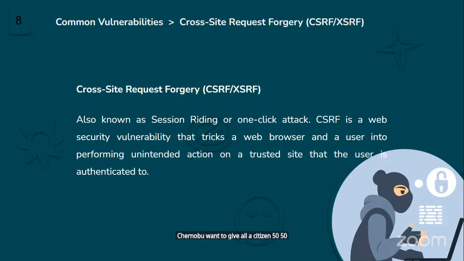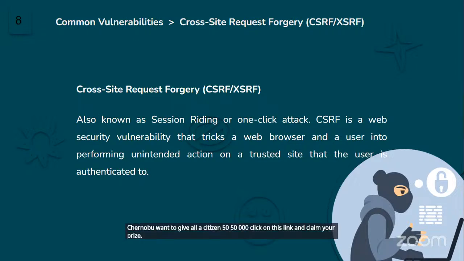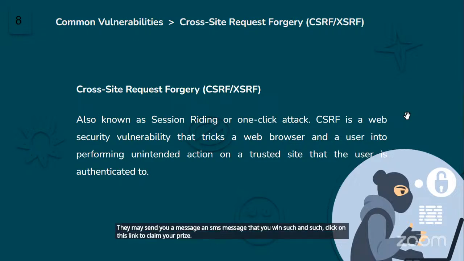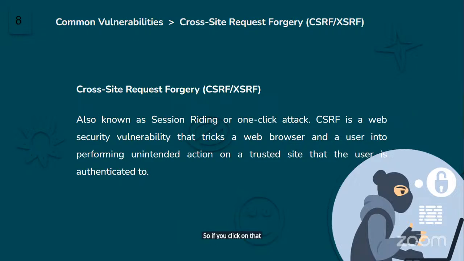Click on this link and claim your prize. Or they may send you an SMS message that you win such and such. Click on this link to claim your prize. So if you click on that link, that is a bait.